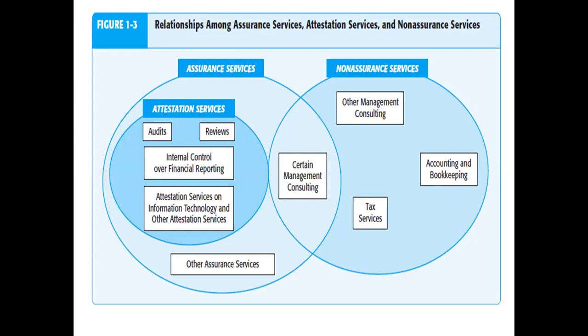The fourth type of attestation services is on information technology. In the first part of this semester, you already learned how to conduct attestation services concerning information technology, for example WebTrust, SysTrust, and continuous auditing.